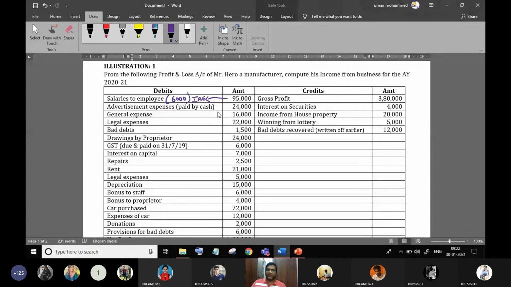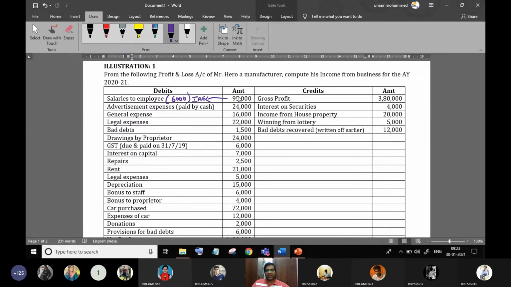The income tax department says any expenses related to business, if it is up to 10,000, you pay by cash. We don't have any issues. But the moment the expense exceeds 10,000, you should not pay by cash nor by a bearer cheque. Then how should it be paid? Electronic fund transfer, demand draft, account payee cheque, but not through cash or bearer cheque.